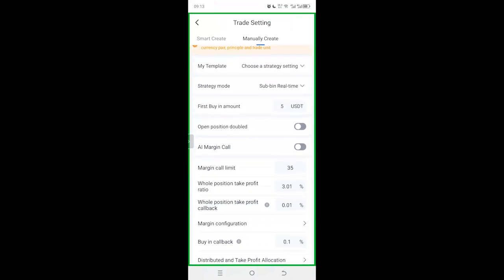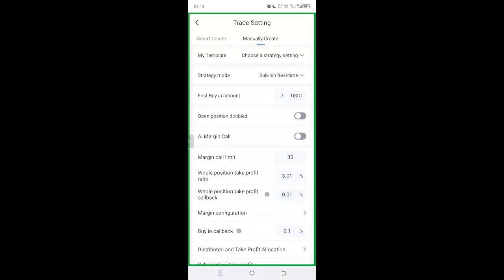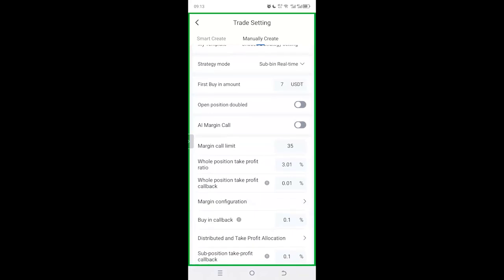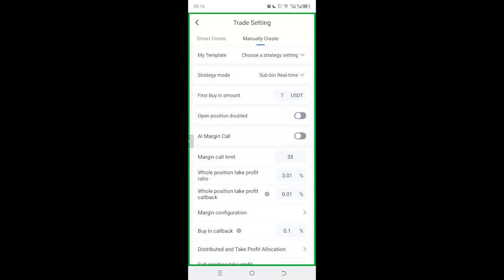Imagine someone saying instead of using 15, I use 5. Why? Because my aim is for the robot to sell. Someone can say, sometimes I use 7. Okay, let me use 7 for now. Then what do I do? I come here.